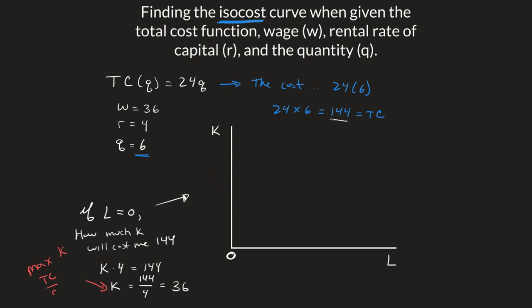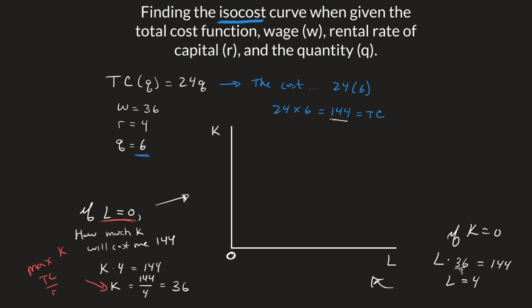So I know my maximum K, and what I mean by maximum K is if I'm not buying any L, L is equal to 0, capital is going to be 36. Before we put that up here, let's go ahead and do the same thing for L, which is going to be down here, right? If K is equal to 0, well, then I know L times 36 equal to 144. Well, what that means is L is going to equal 4.